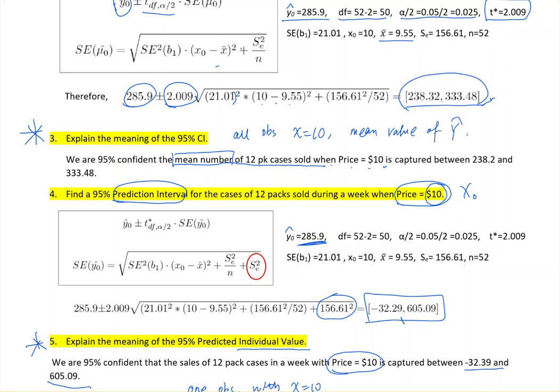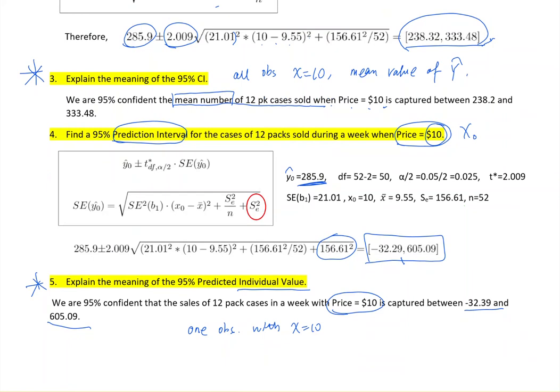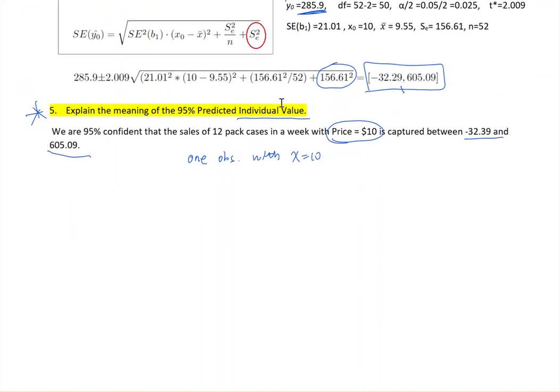Alright, so this is the difference between these two confidence intervals. This one is only for one observation with the price equals $10. And for this confidence interval it means for all observations with x equals 10, what is the mean value of y hat? Alright, so we are done with this video.